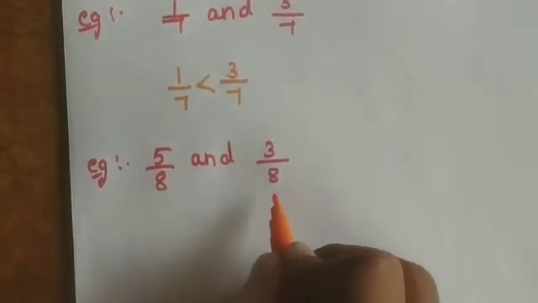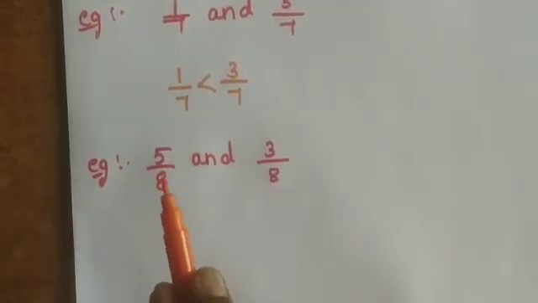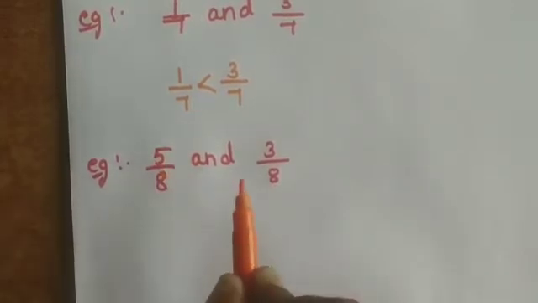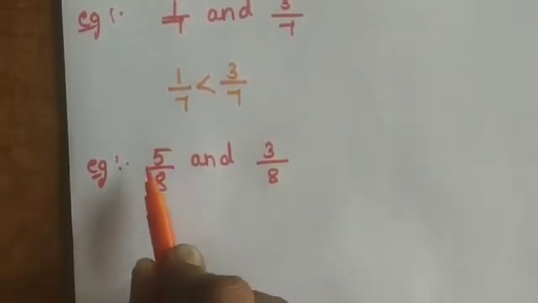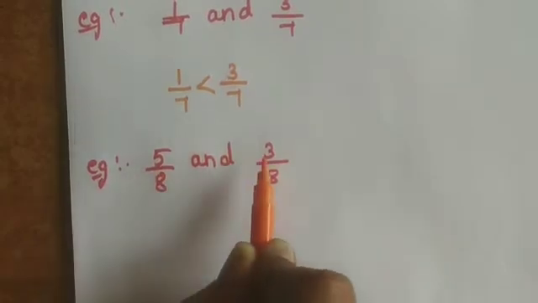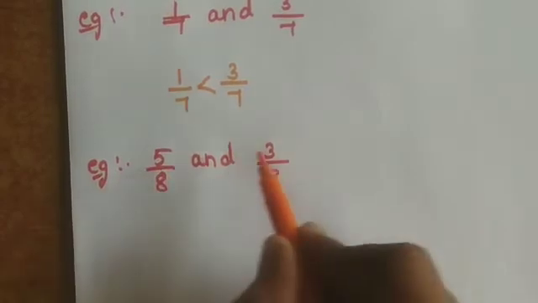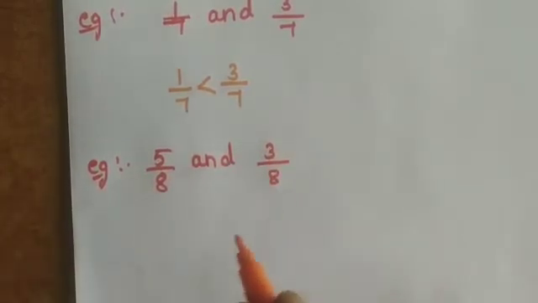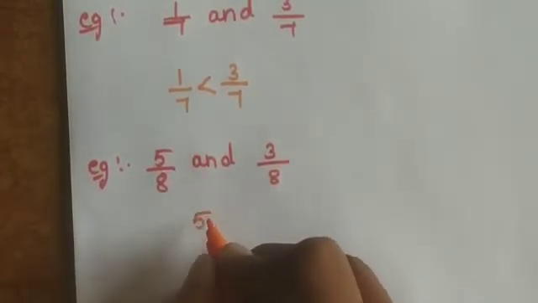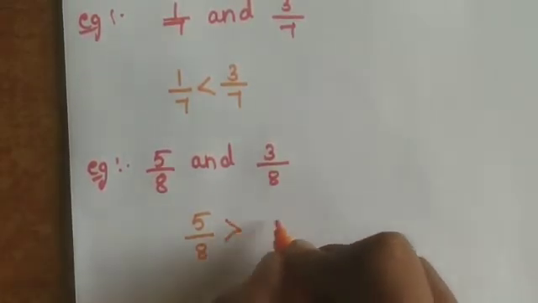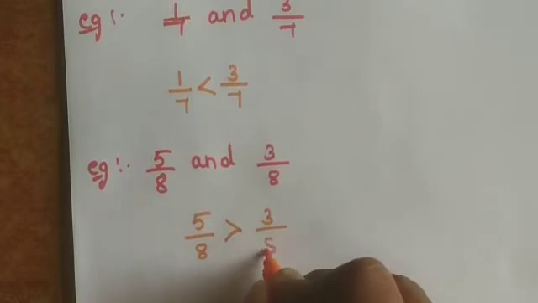Here also both the denominators are the same, so we concentrate on the numerator places, that is 5 and 3. Here 5 is greater than 3. Is it clear, children? 5 is greater than 3. So we have to write the symbol like this: 5/8 is greater than 3/8.